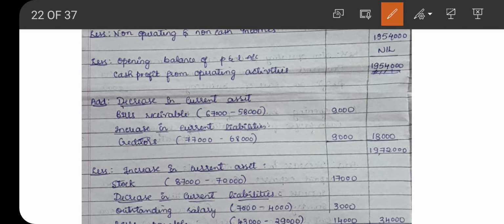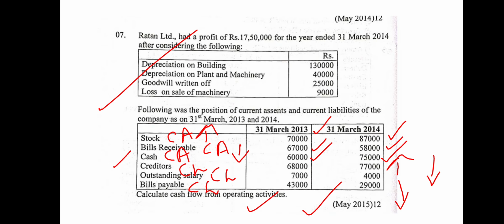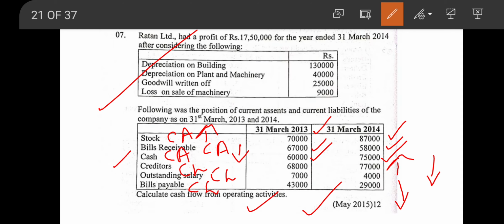Add decrease in current asset, increase in current liability. So now in the problem we should search which current asset has been decreased, and which current liability has been increased. Bills receivable has been decreased, isn't it? Then which current liability has been increased?